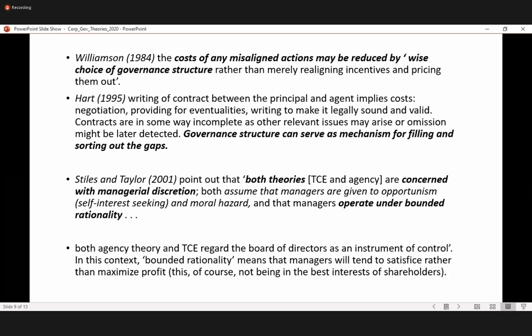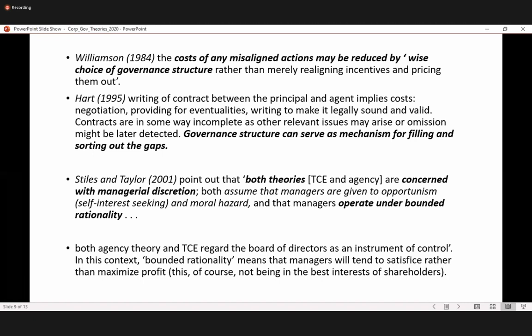So this gentleman, Williamson, said that the cost of any misaligned actions may be reduced. With all these operations being in-house and being outsourced, there's still the agency relationship, because the separation of powers and control is very much present there.